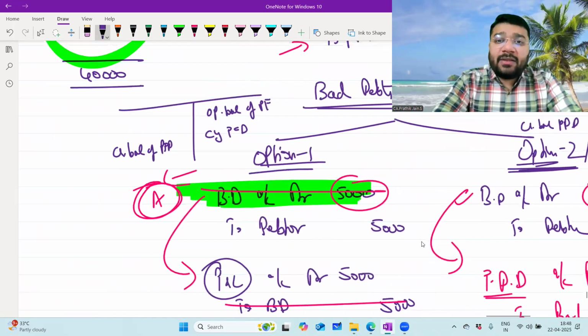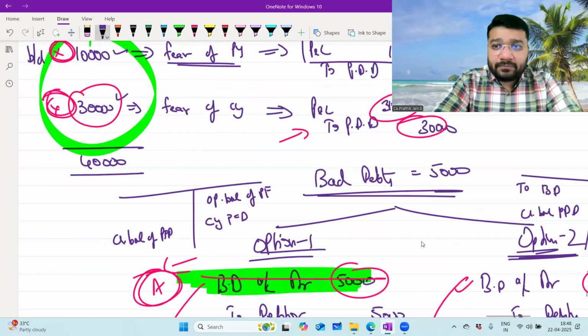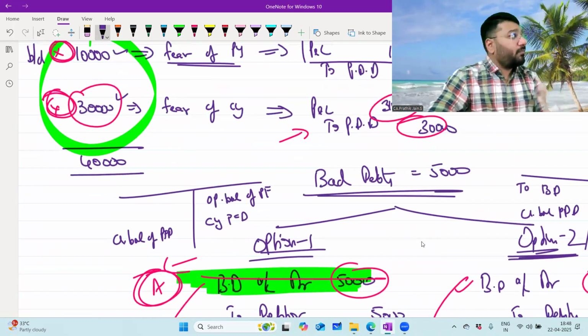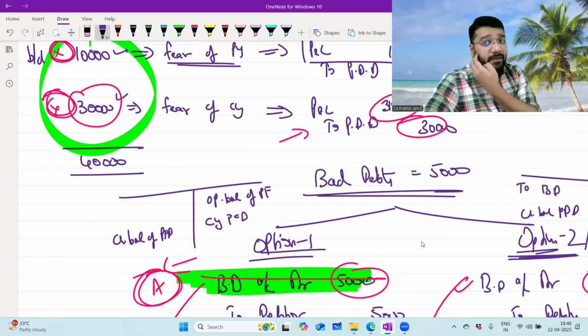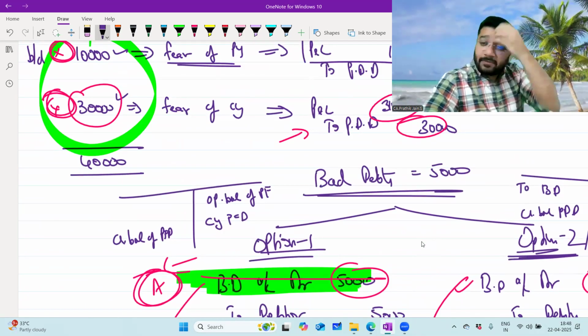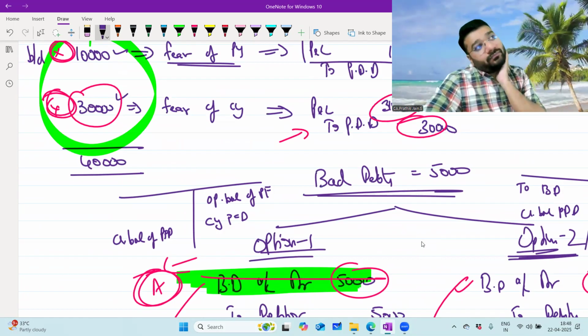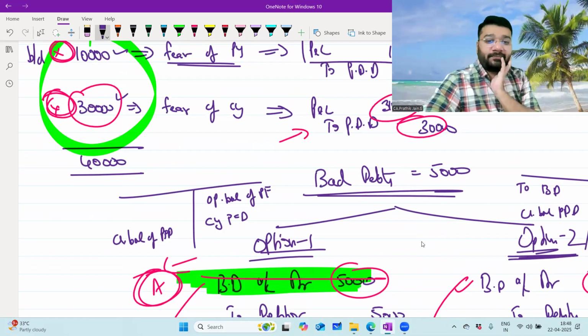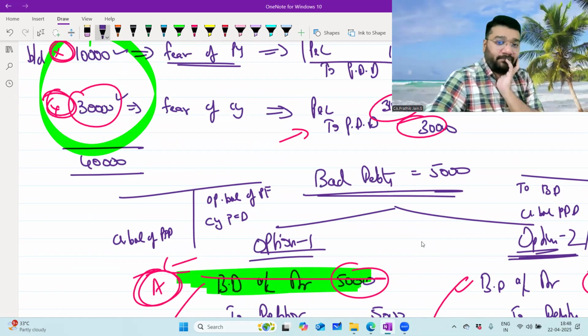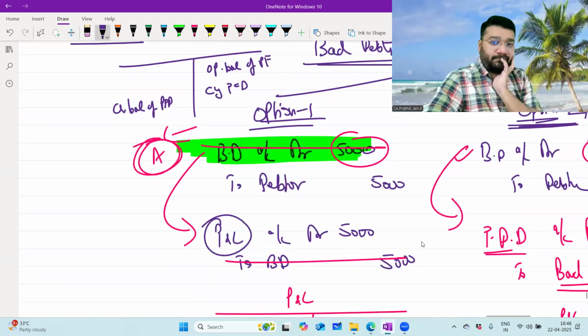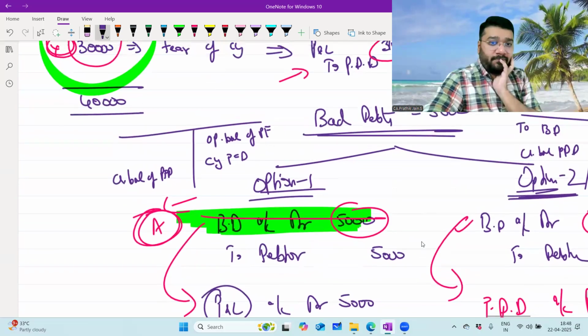Now it became obvious that we are not going to receive that 5,000. So when we again debit it in the P&L account as bad debt, won't that 5,000 be a benefit for the P&L?